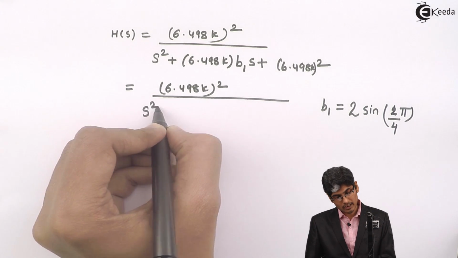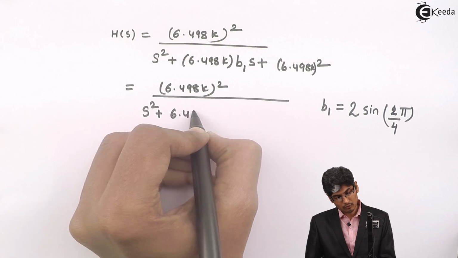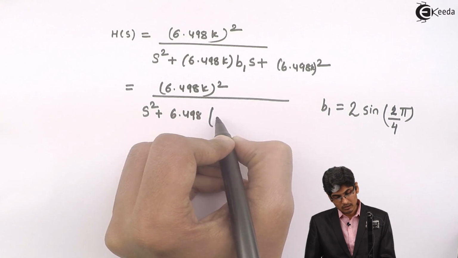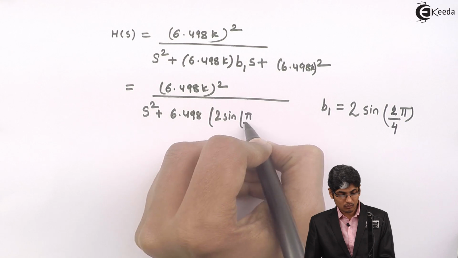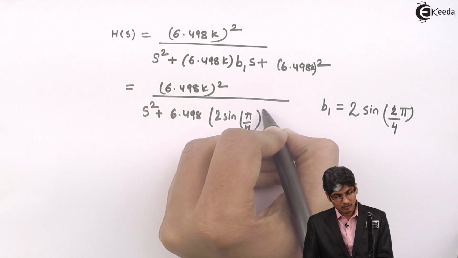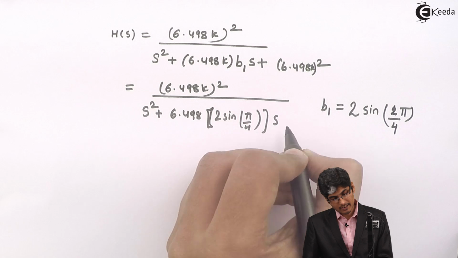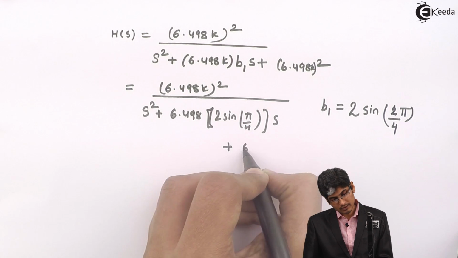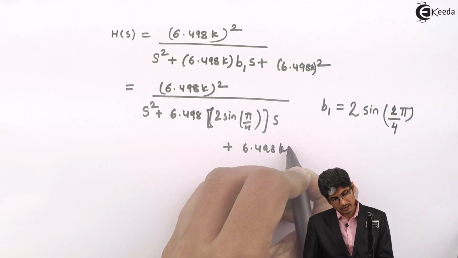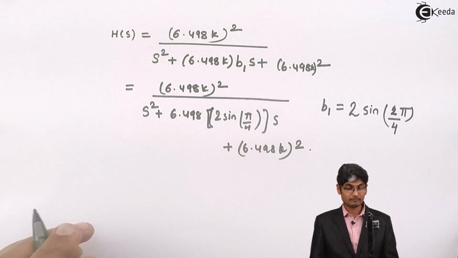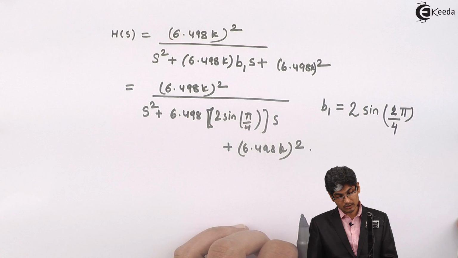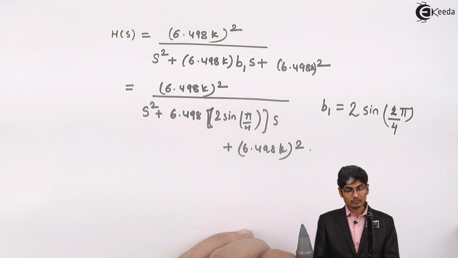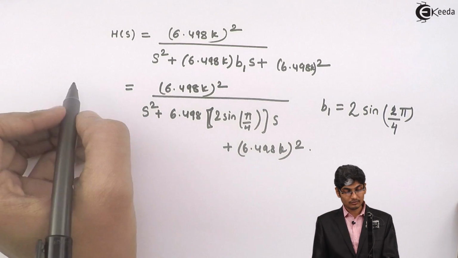So it will be s square plus 6.498k, this will be 2 times sine pi by 4 into s plus 6.498k the whole square. Okay, so that is the transfer function H of s.